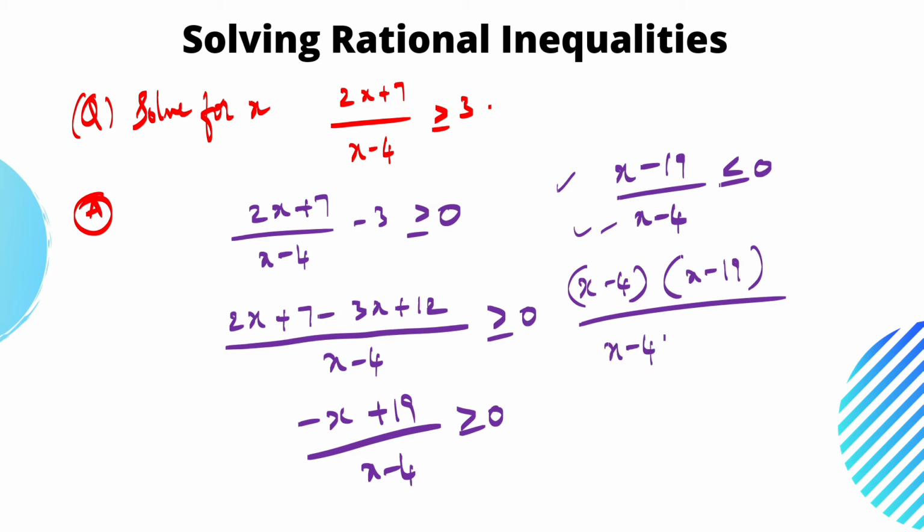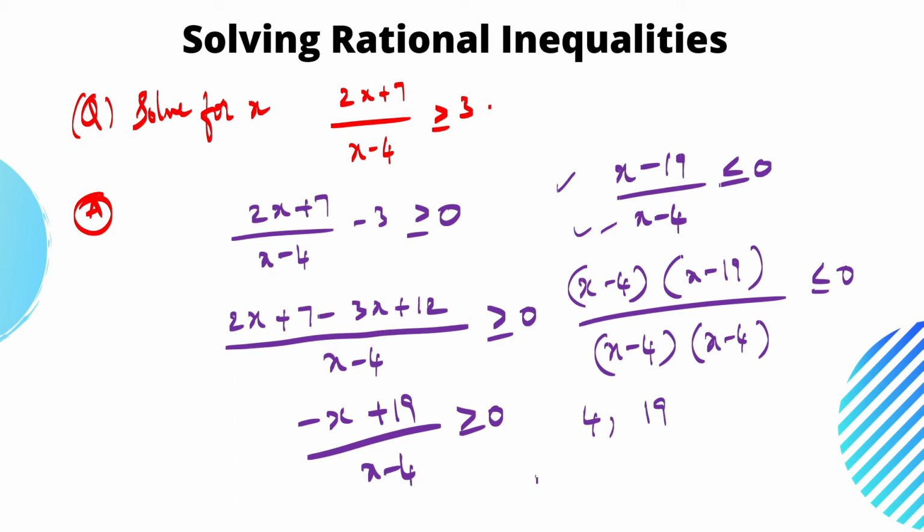So (x - 19)(x - 4) over (x - 4)(x - 4) will be less than or equal to 0, and we can be sure that the denominator is a perfect square, hence it is always positive. So we shall consider the numerator, the roots are 4 and 19.